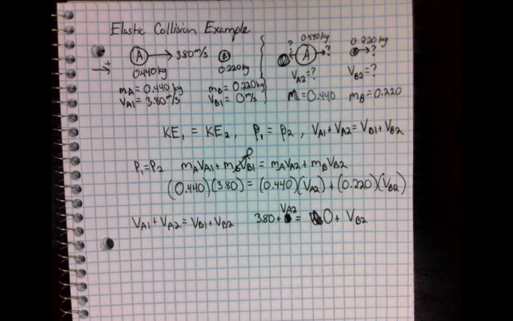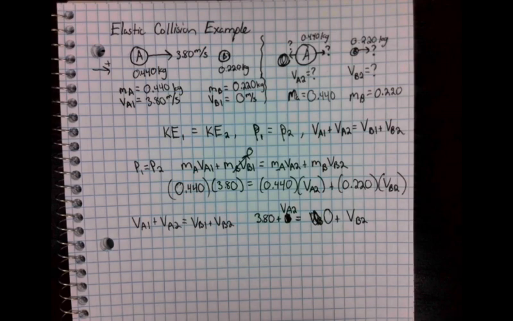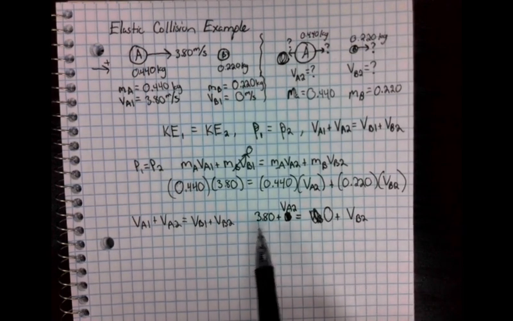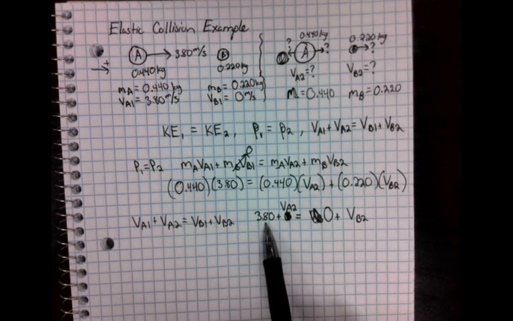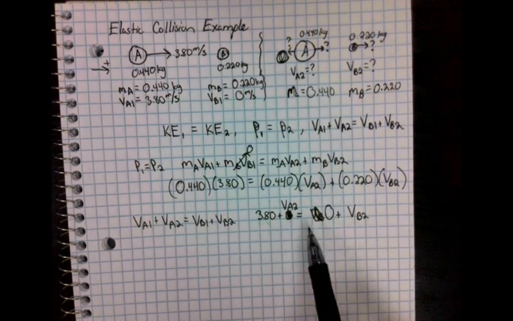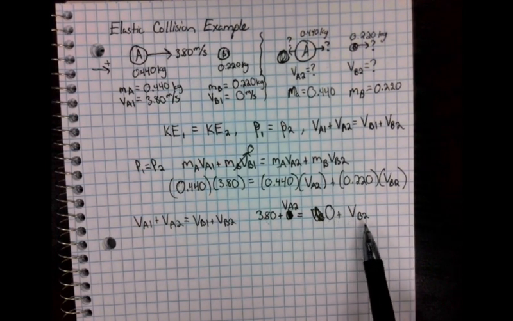Almost had my equation wrong, I apologize. I screwed that up a whole bunch last year, and it led to a lot of mistakes on the worksheets and the test. But this year I have it written down correctly on my little cheat sheet. So we have VA1, which is 3.80 meters per second, VA2, which we don't know, VB1, which was 0, and VB2, which we don't know.